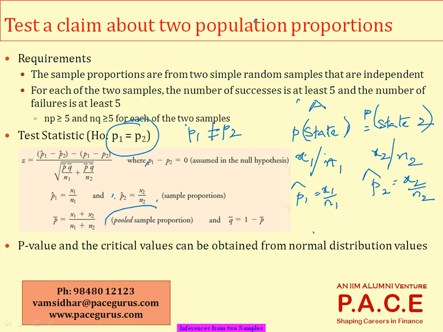Before we compute the test statistic, we compute what is called a pooled proportion, which says, now that you have taken samples of N1 and N2, overall you have taken N1 plus N2 people, and out of these N1 plus N2 people, X1 plus X2 have voted for political party A. So this particular proportion is what we call the pooled proportion, P bar, and the corresponding Q bar, the proportion of people who have not voted for the political party, is going to be 1 minus P bar.